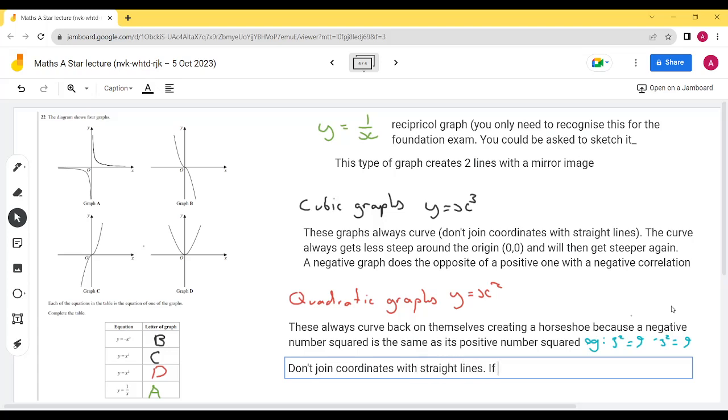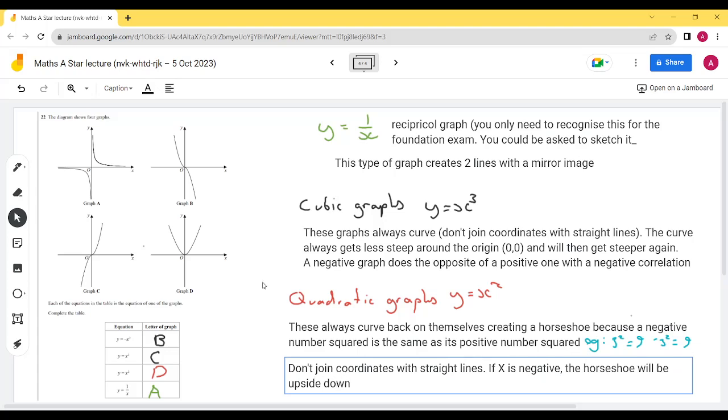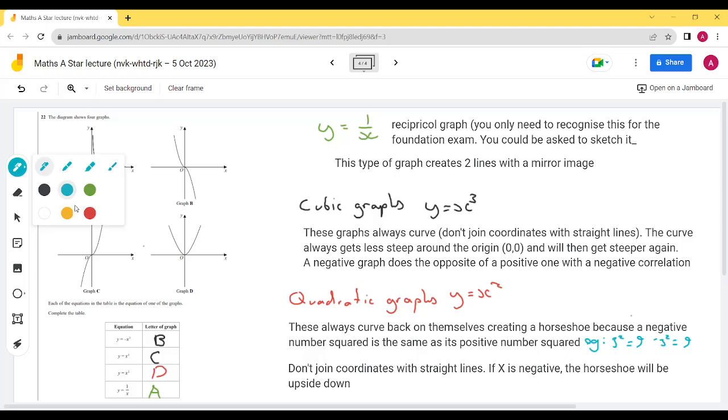If x is negative, the horseshoe, we'll call it, will be upside down. So yeah, just giving a little sketch here. If you had y equals negative x squared, it would look like the opposite of the graph there.